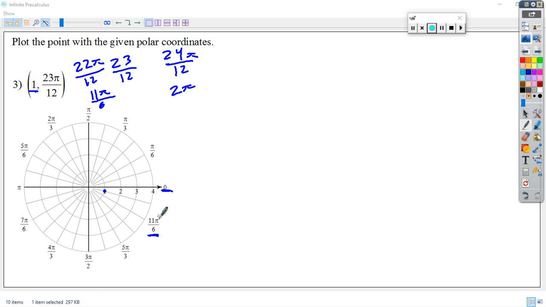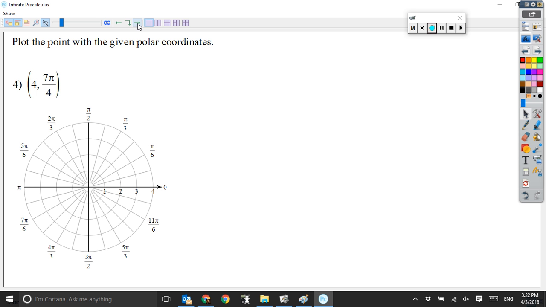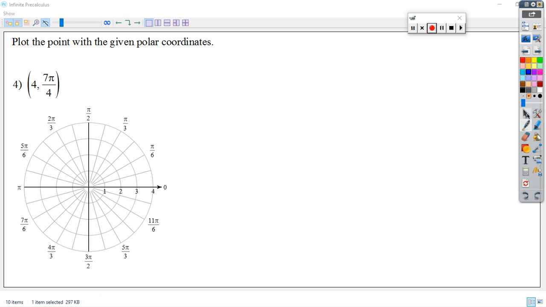Alright, so go ahead and pause the video there and see if you can do number 4. Alright, so for number 4, I see the radius is 4, so we're going to be on our outermost radius, and the angle is 7 pi over 4.